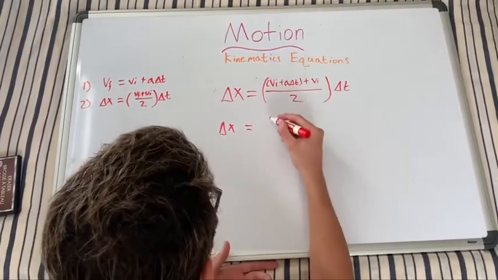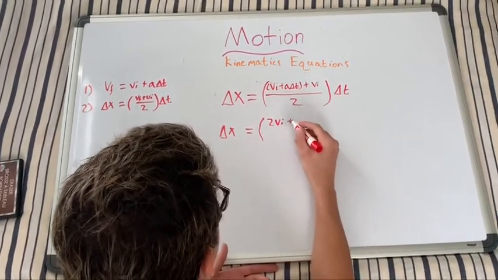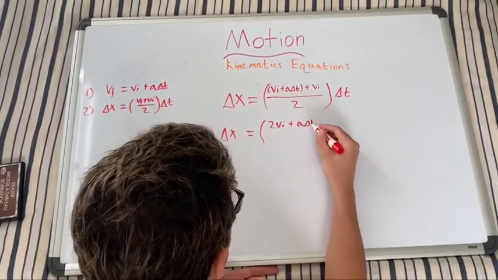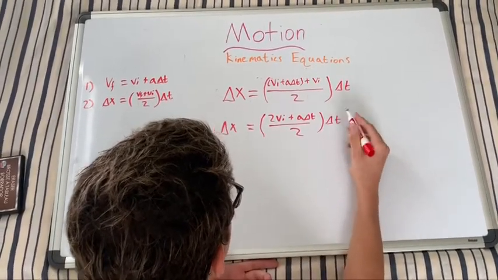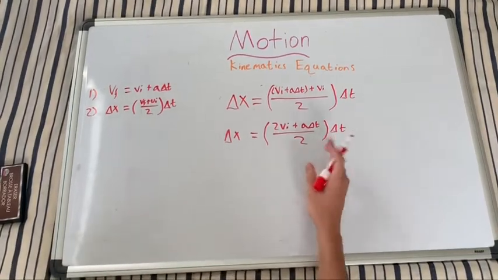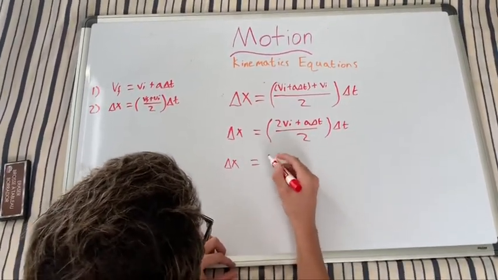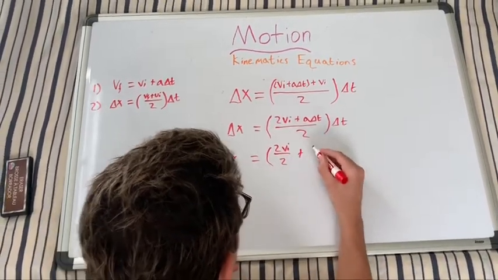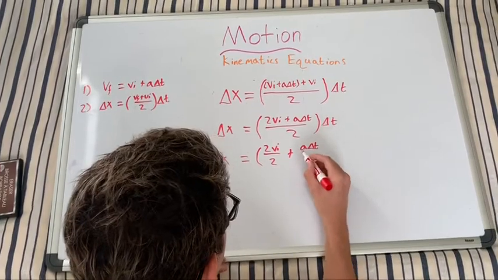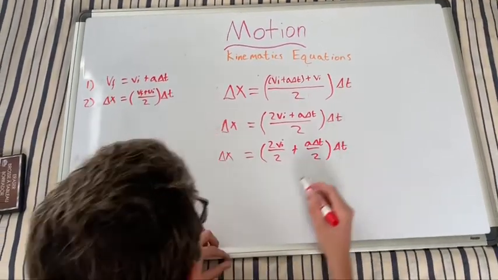Add the vi's, so it's going to be 2 vi plus a delta t over 2, times delta t. Since there's only one thing on the bottom, we can split the fraction, and we get delta x equals 2 vi over 2 plus a delta t over 2, times change in time.